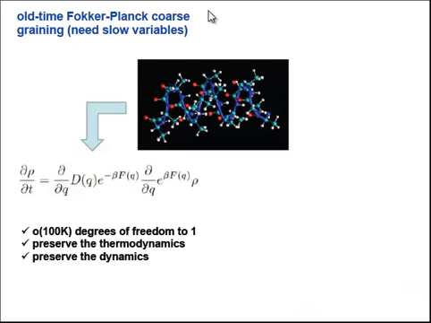So in the old days, people thought about coarse graining in terms of writing down a Fokker-Planck equation, right? In order to do that, you needed to have the slow variables associated with the process. So you could think about an atomistic process. If that atomistic process is a rare event, then likelihood maximization can identify these slow variables for you.